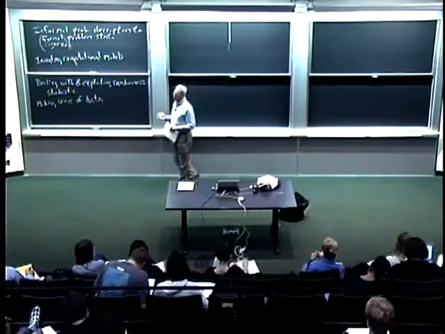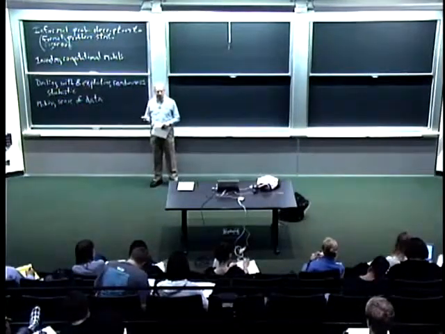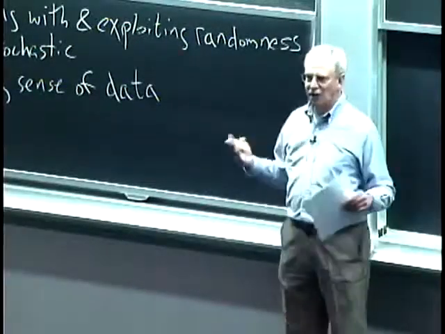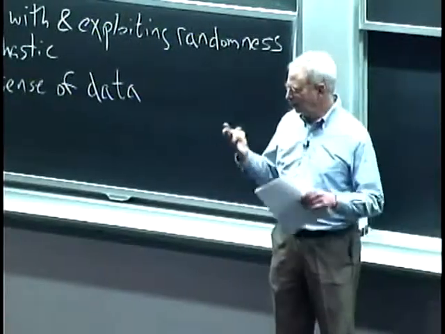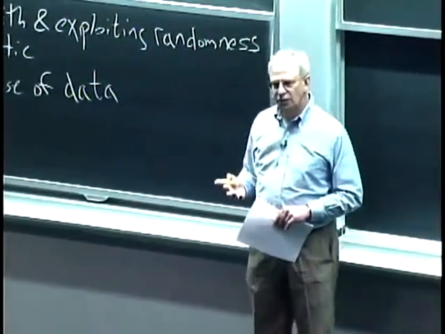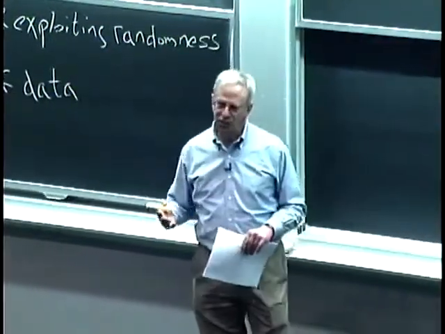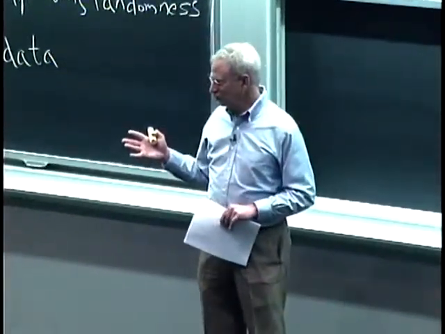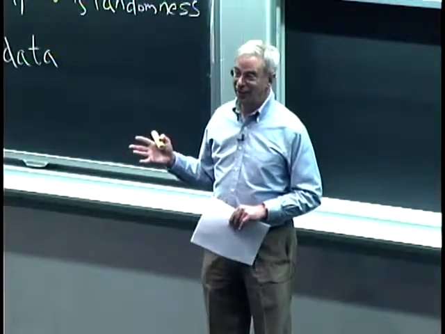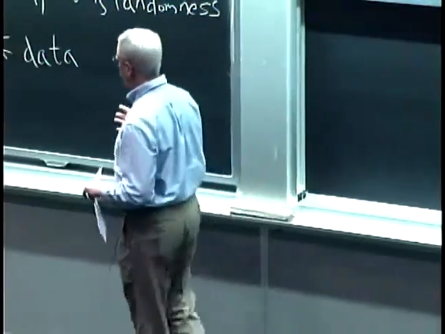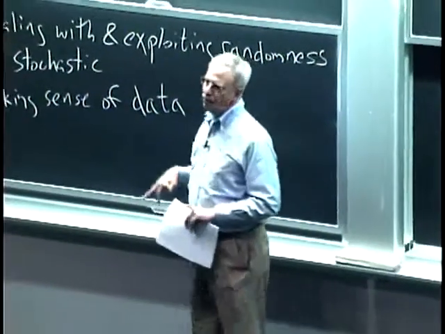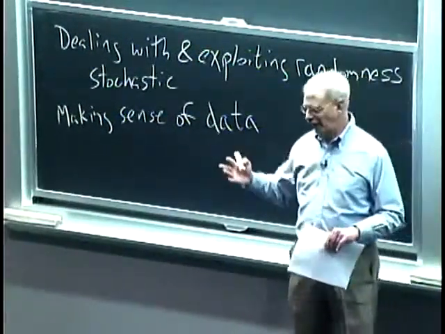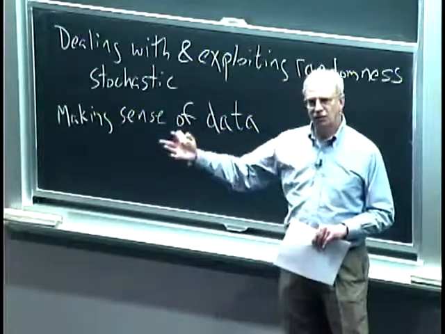If you work at Walmart and you're trying to decide what to stock on the shelves, you're building a model of what the customers might buy under certain circumstances, and that model is going to take account of the entire history of what customers have bought in the past. That's a lot of data. Given that you have a lot of data about what's happened in the past, how can we interpret that, for example, to get insight into the future?